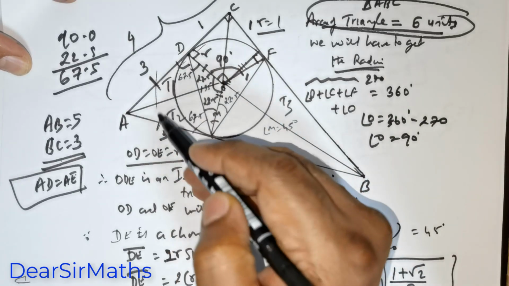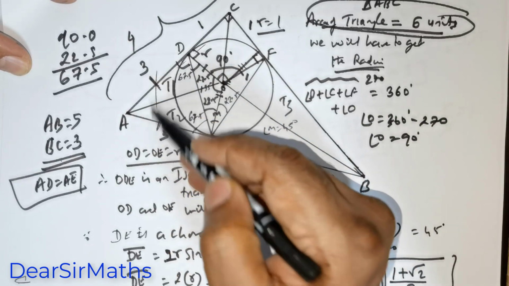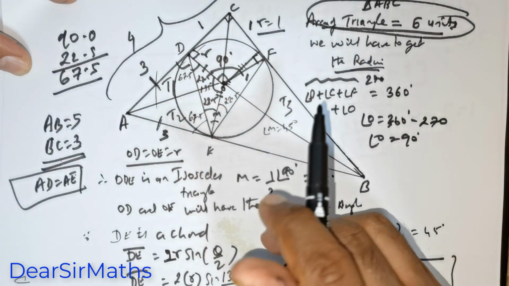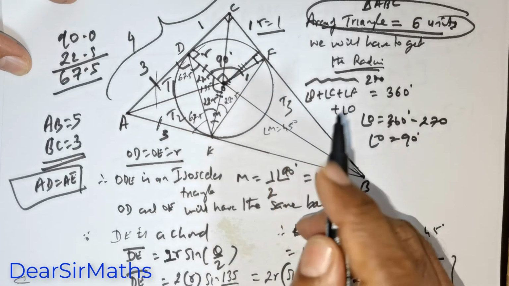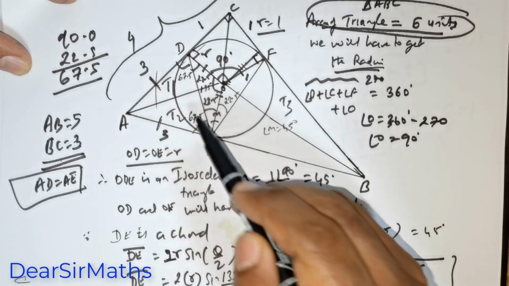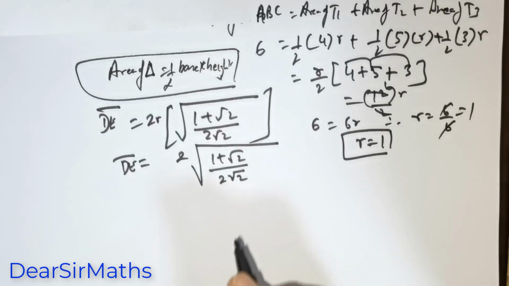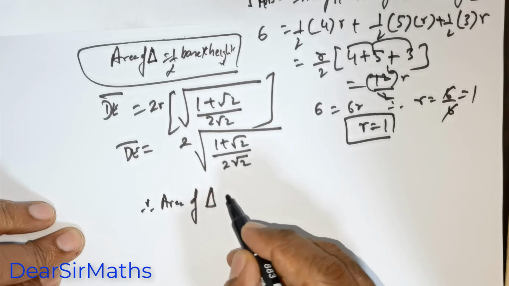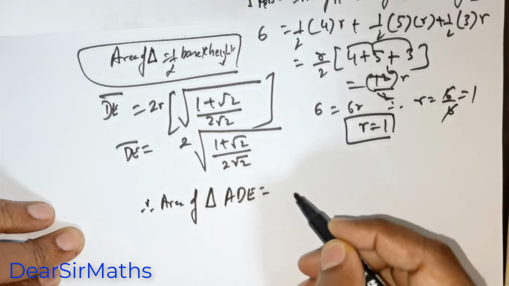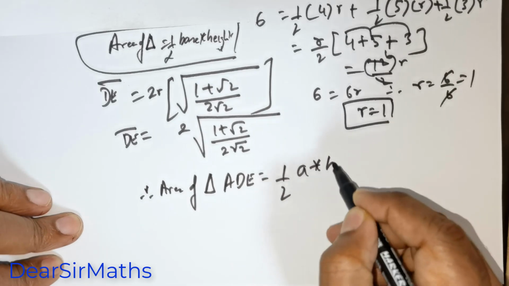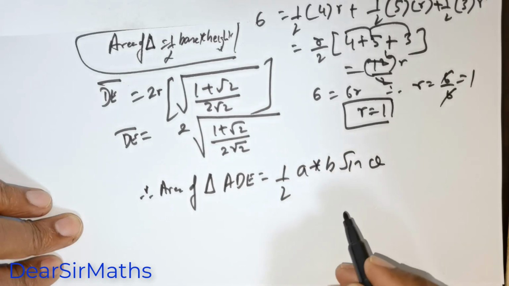Now this is the side which is occurring twice, and this is the base. So we will use the formula which incorporates the angle between the base and the sides. Let me write the formula. Therefore the area of triangle ADE is equal to half times A times B times sine theta.